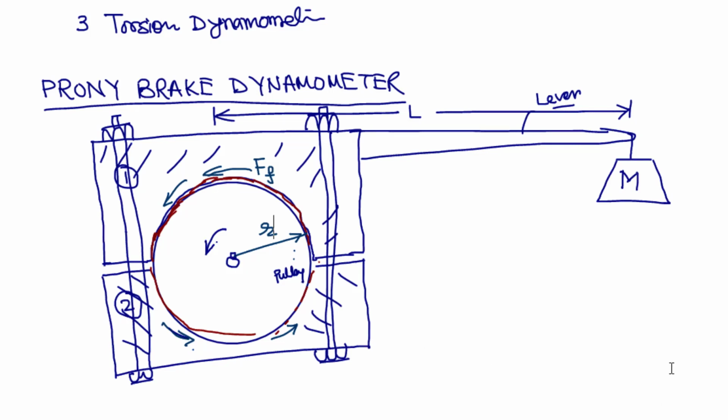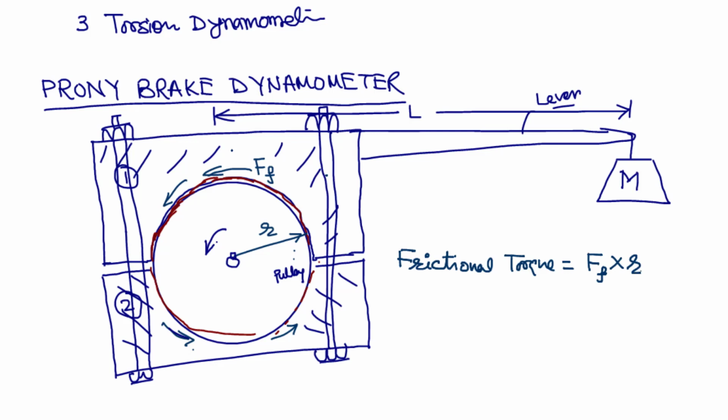Then the frictional torque is equal to the frictional force multiplied by the radius of the pulley.